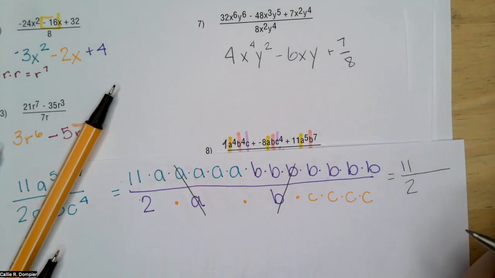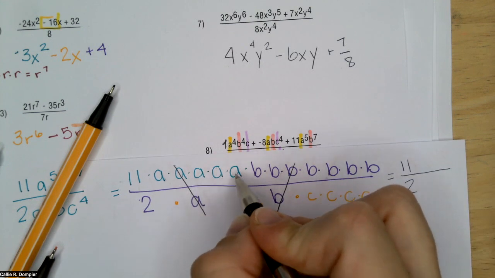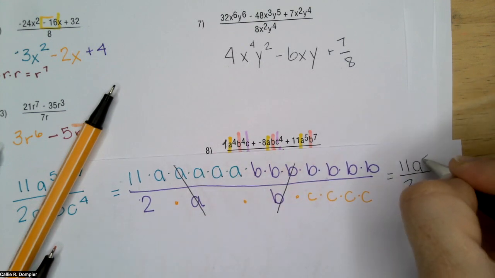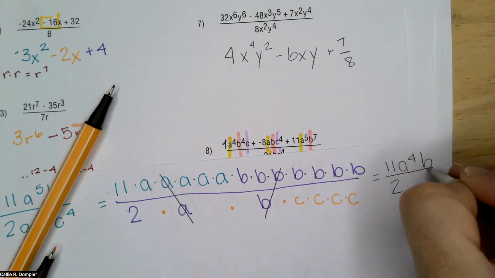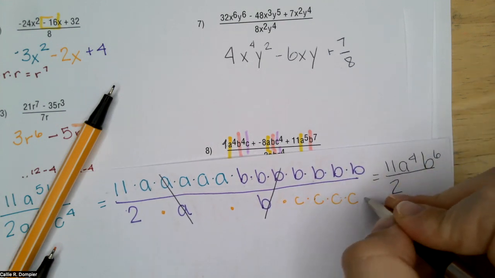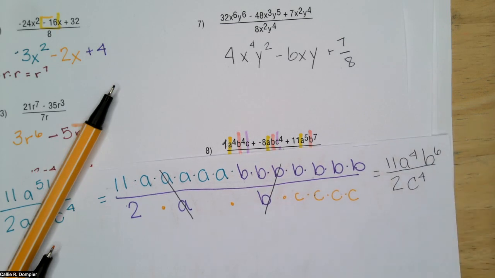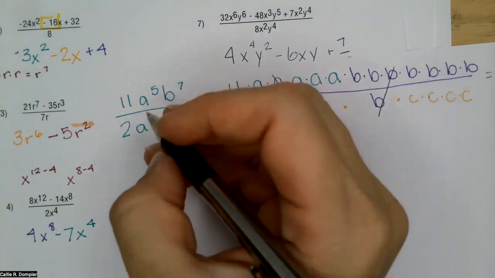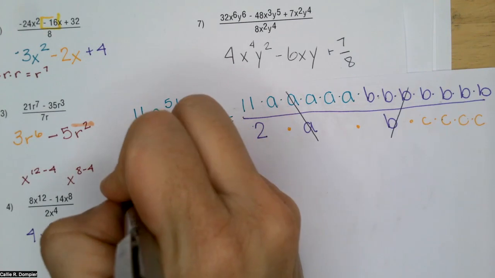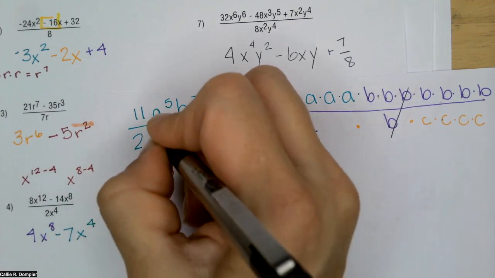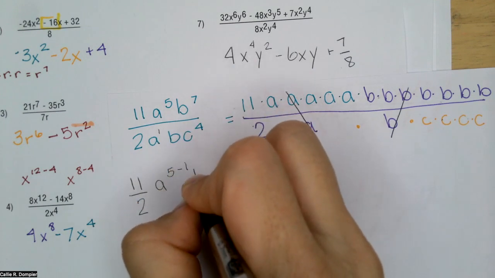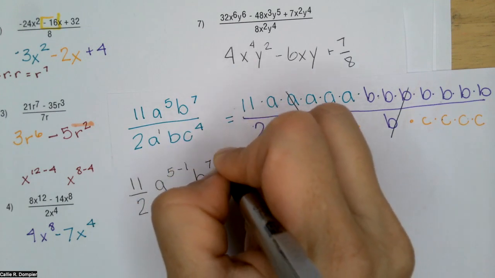So we have a to the power of 1, 2, 3, 4. B to the power of 1, 2, 3, 4, 5, 6. C to the power of 4. Or in the calculator, again, 11 divided by 2 is just the fraction 11 halves. A to the power of 5 minus 1. B to the power of 7 minus 1.